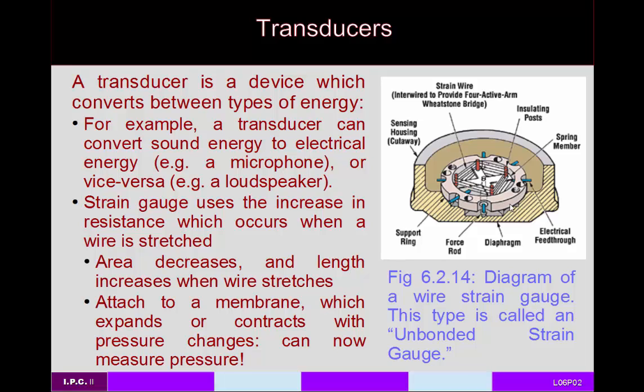And so this is all attached to a membrane which can expand or contract with pressure changes. When it expands or contracts, it places a strain or releases strain on the wire, and therefore you get different resistance in the wire, and therefore you can measure just how much strain has been placed on the membrane. It allows you to measure pressure, for example.